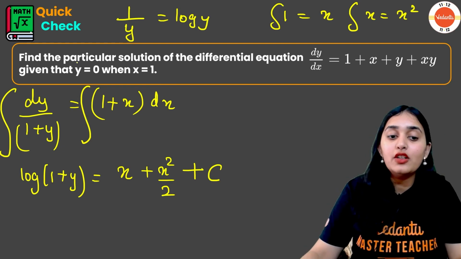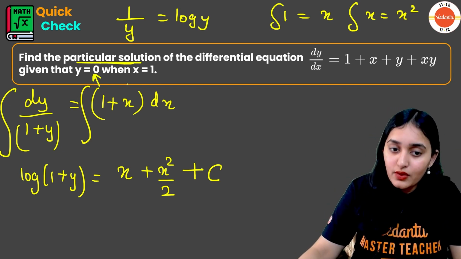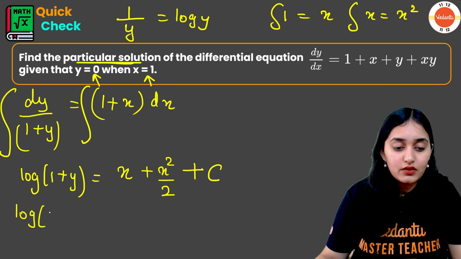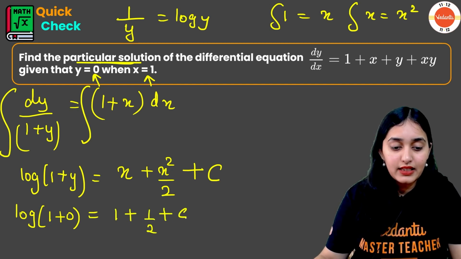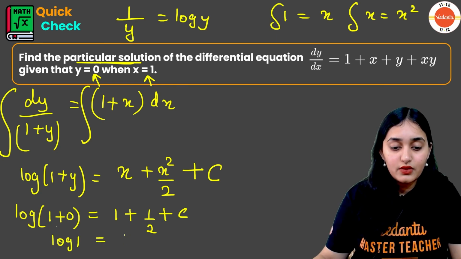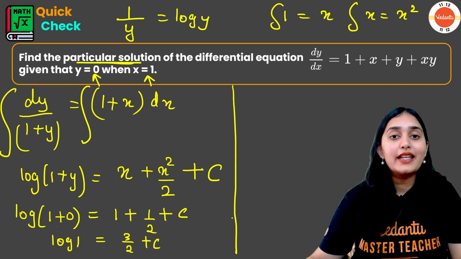Now you have to find the particular solution. How to find the particular solution? Put y is equal to 0, x is equal to 1. So log of 1 plus 0 is equal to 1 plus 1 by 2 plus C. Now this is log 1 is equal to 3 by 2 plus C. What is log 1? Log 1 is 0.